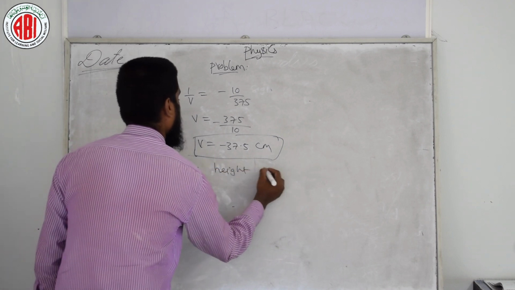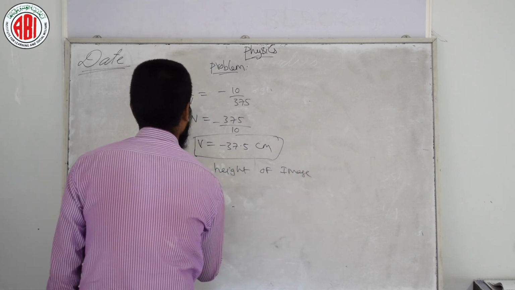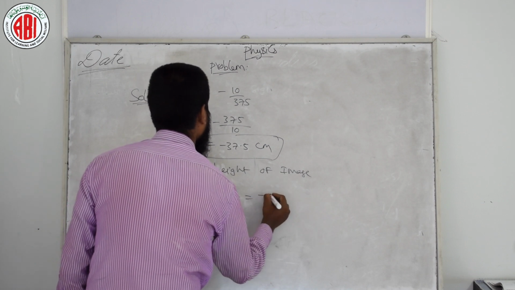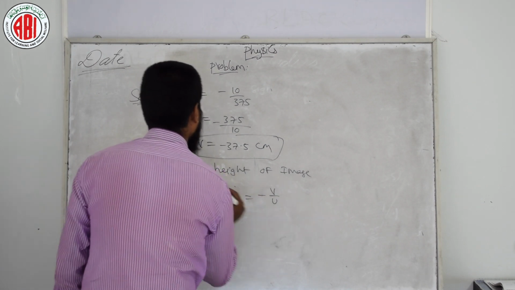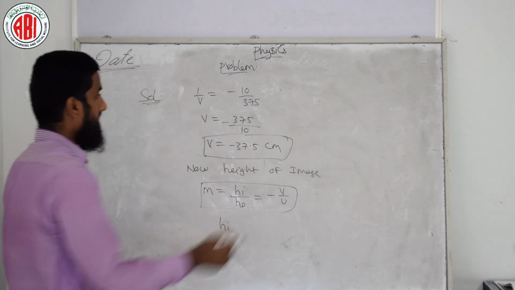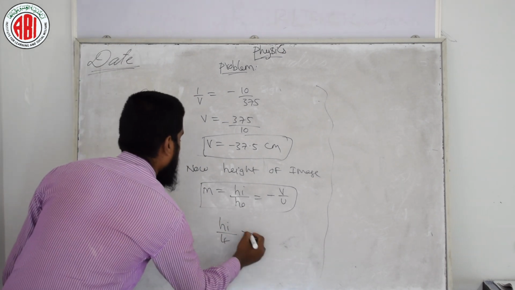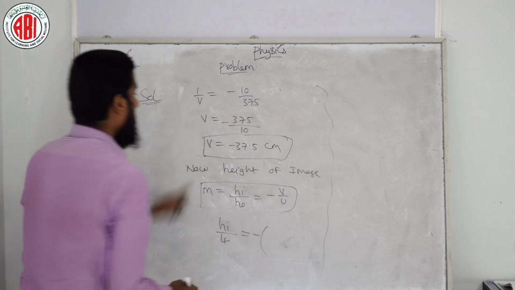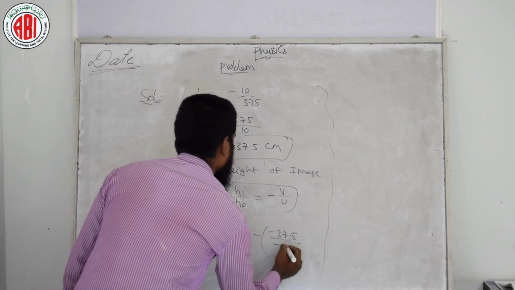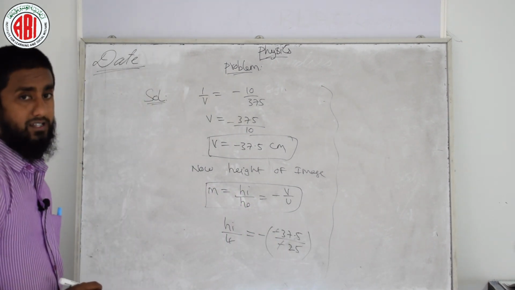Now the height of the image. We know the formula, M is equal to HI by HO is equal to minus V by U. I am substituting HI as it is, HO is 4, V is nothing but minus 37.5, U is nothing but minus 25. The minus signs get cancelled.